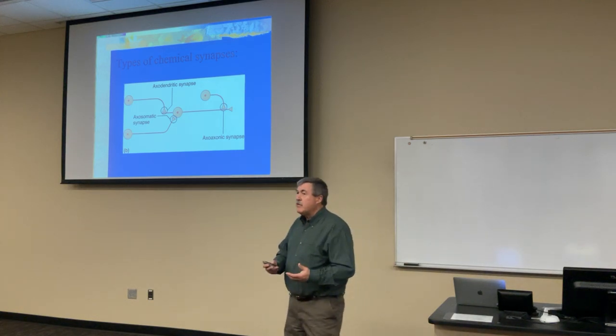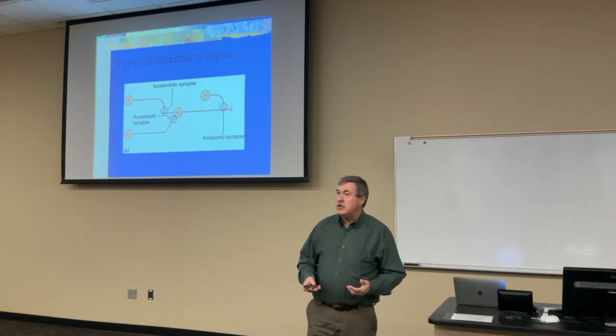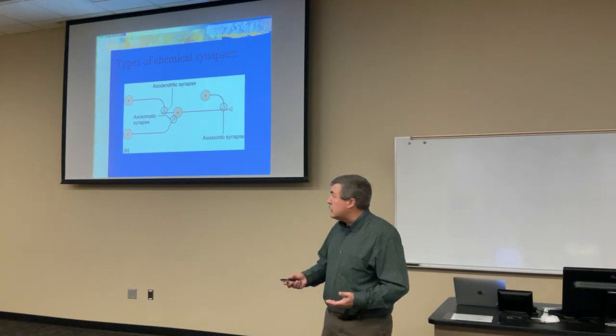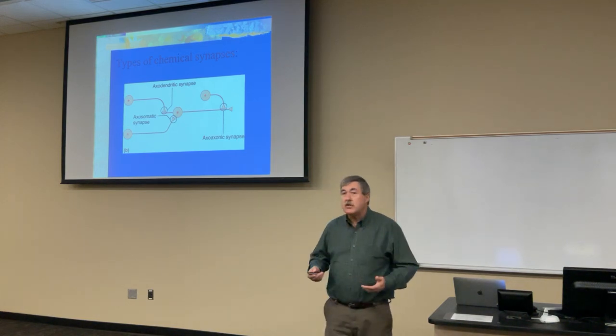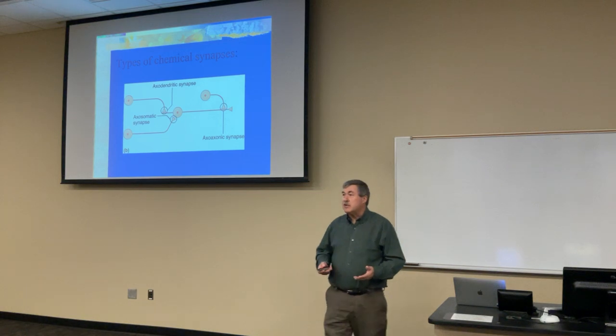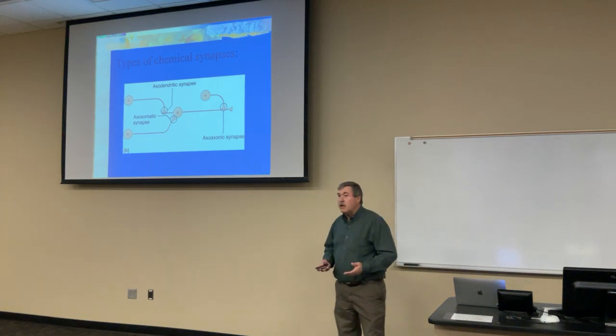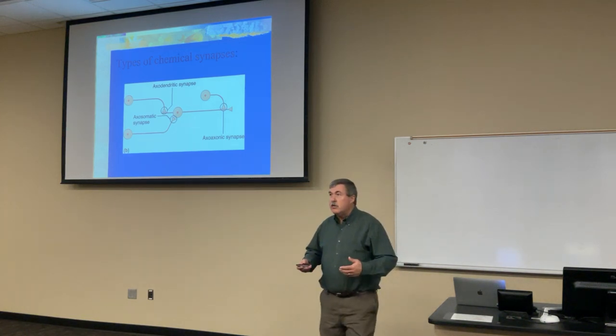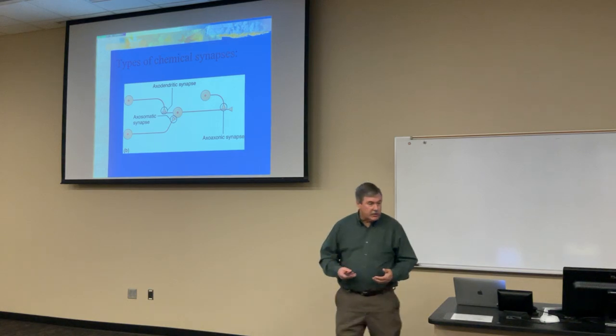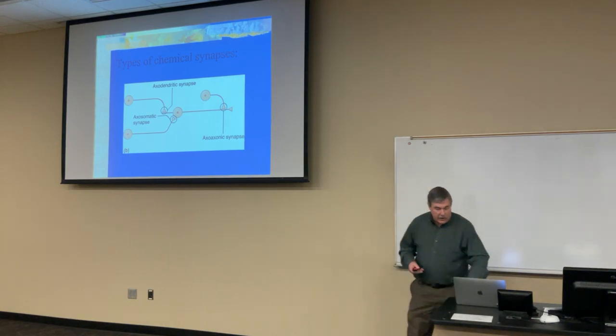So it's a way of fine-tuning neural stimulation in the nervous system. And this probably occurs mostly in the central nervous system, in the spinal cord and the brain, where neural integration occurs. We'll talk more about neural integration a little bit later.